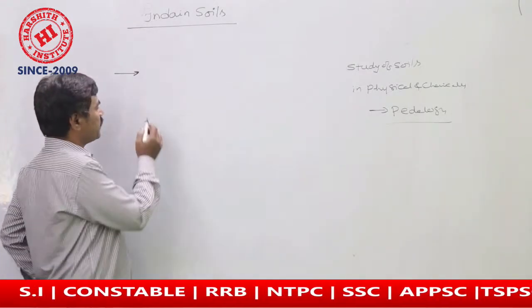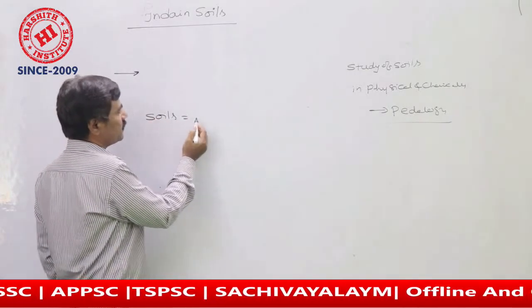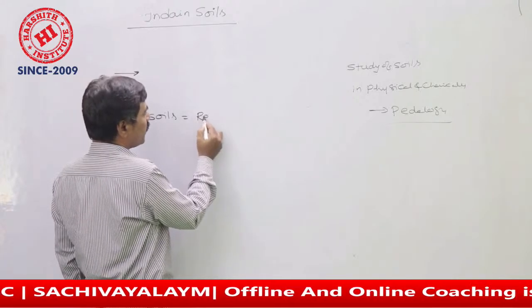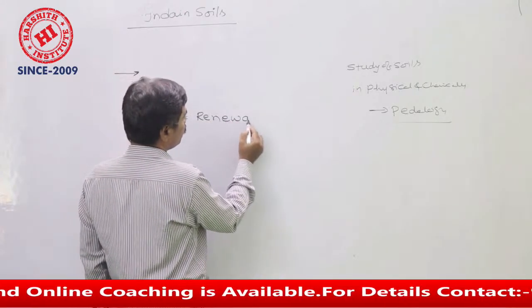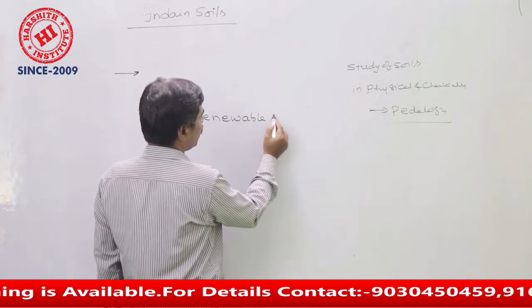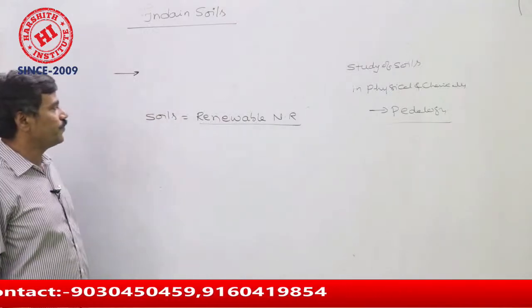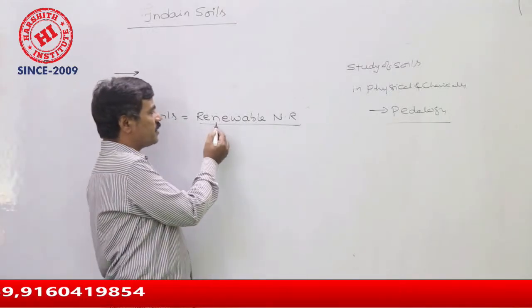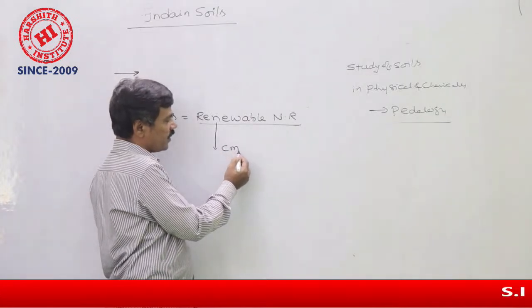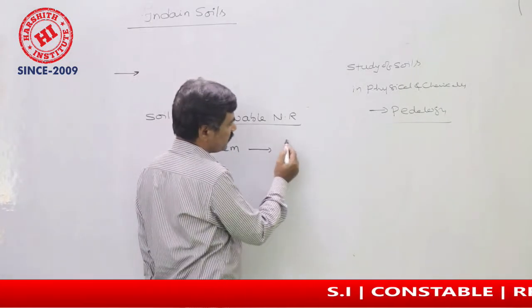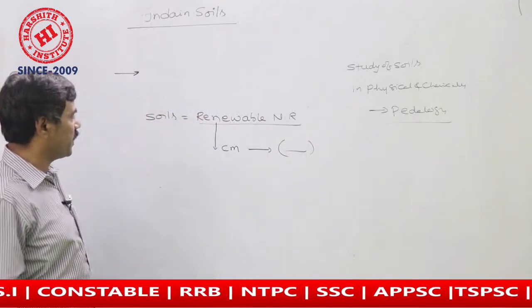So natural soil is a renewable natural resource. To improve some centimeters of fertility naturally, it takes some millions of years.